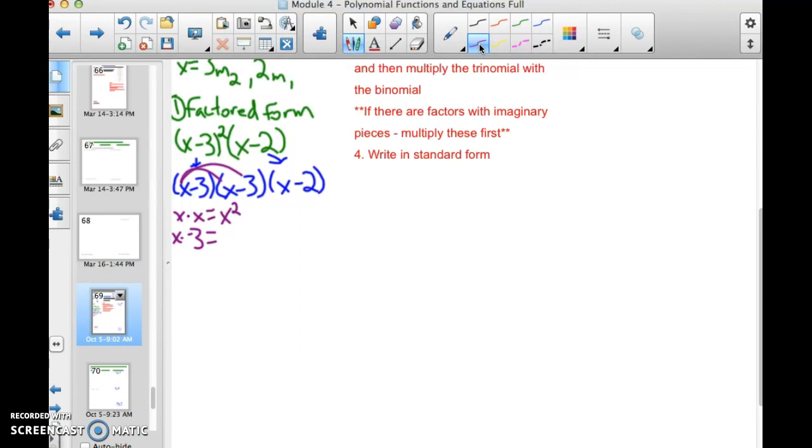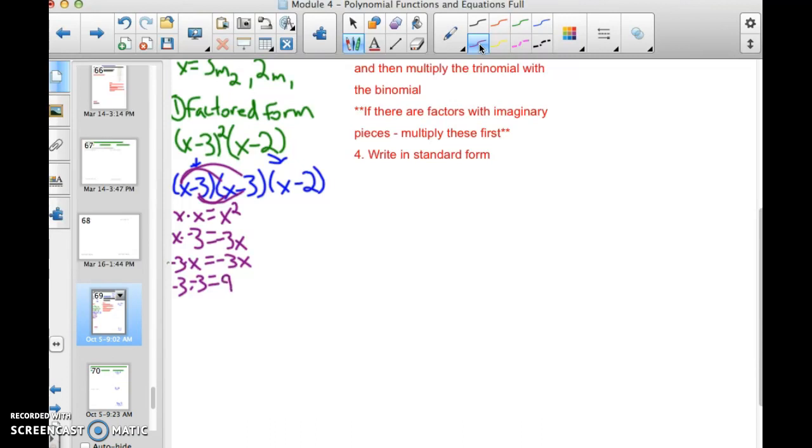X times negative 3 is negative 3x. Then I have a negative 3 times an x, and I have a negative 3 times a negative 3. Negative 3 times x is negative 3x. Negative 3 times negative 3 is a positive 9.